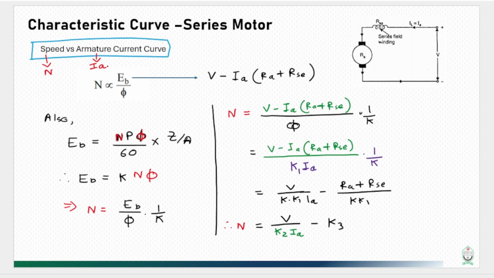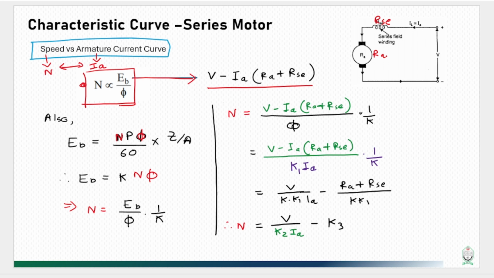Now to reach that point, let us begin with this. We know that speed of the motor has a relationship with back EMF and flux, and that is something like this. And we also know that back EMF can be written as this. If we are talking about a series motor, here we are assuming this is the series resistance and the armature has some resistance as armature resistance.